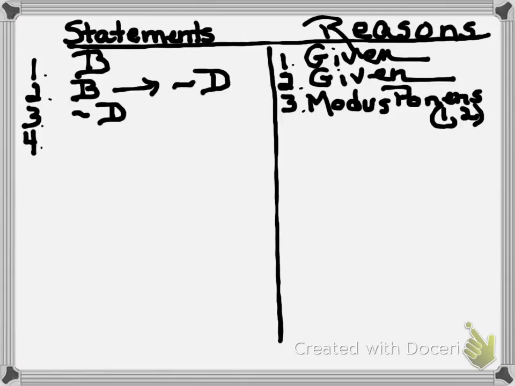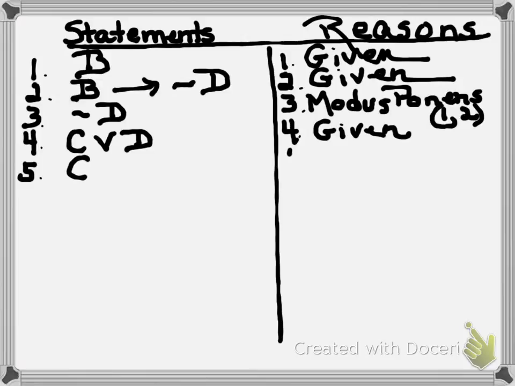So I'm going to bring in C or D, which is given to be true. And then based on that and the reasoning that I just put here on the board, C is true. And the reason, and I do let you abbreviate this one, is disjunctive inference based on lines 3 and 4.